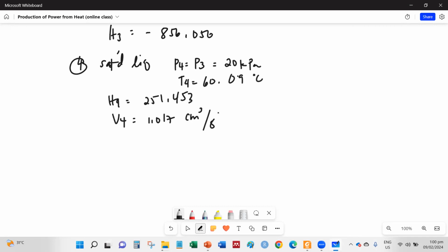If you will remember, for the pump the equation is delta H equals V delta P. This is specially derived by assuming isentropic compression conditions for the pump.